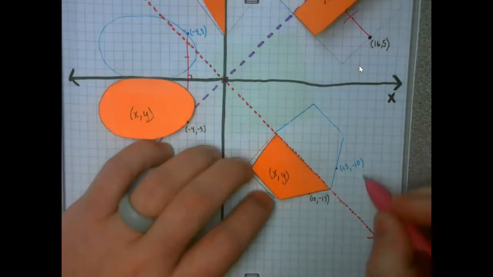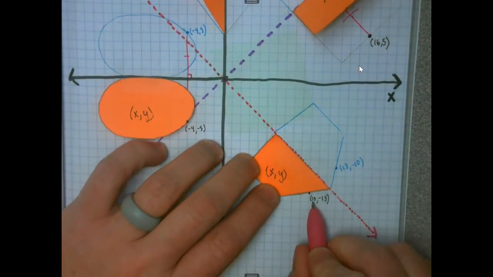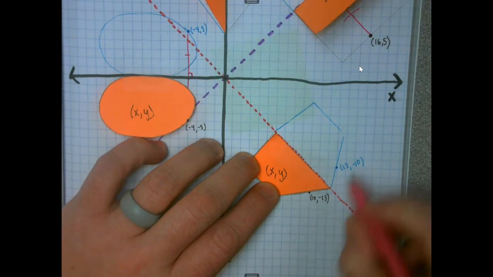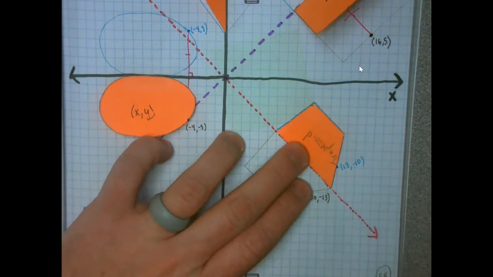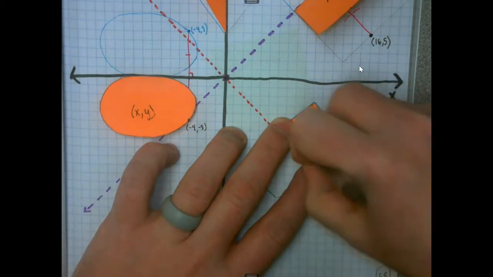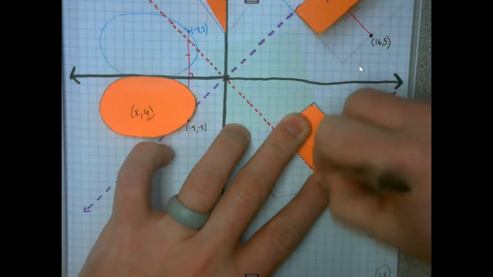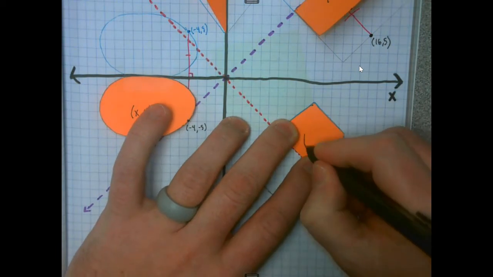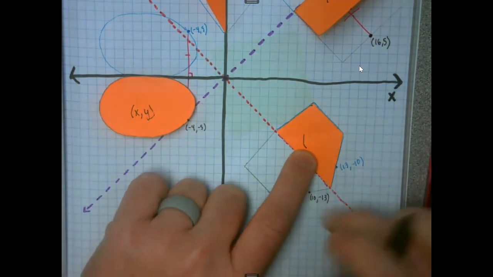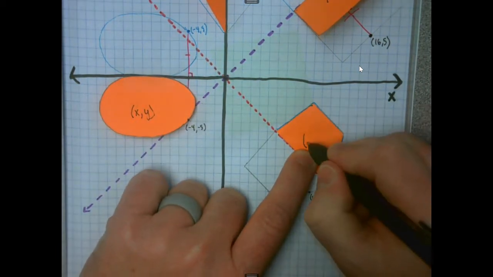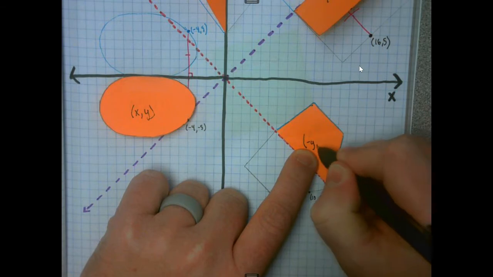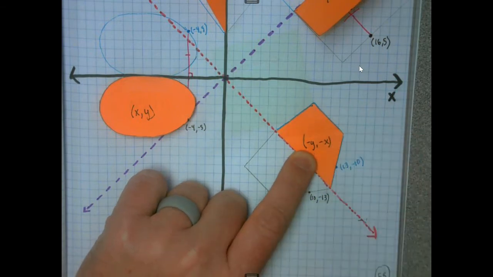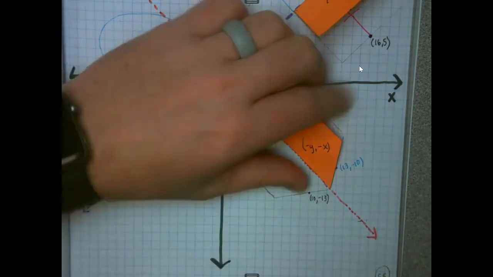If we come down here, this was 10, -13. Well, now it's a +13, -10. So when we flip over the line y equals -x, we flip them, but we actually change the sign of each one of them. So -y, -x. So flip them and change the signs.